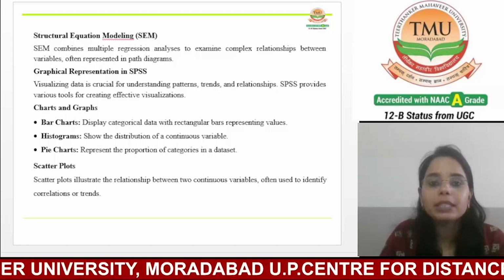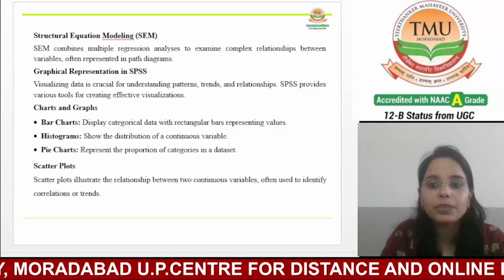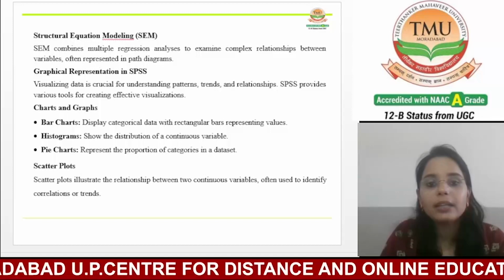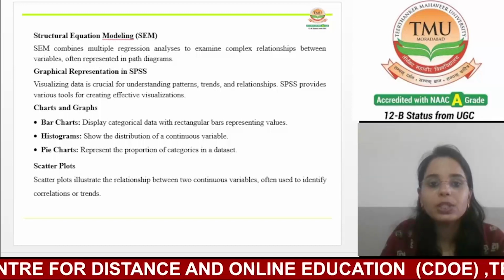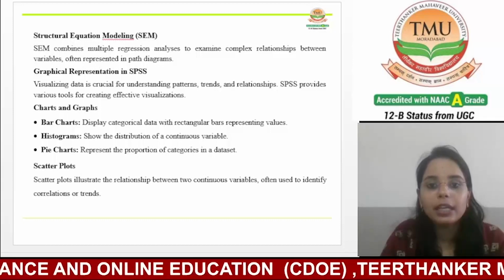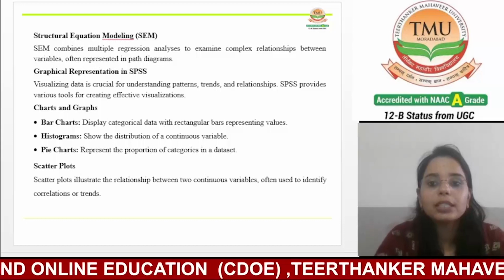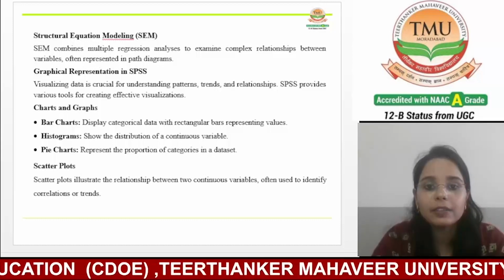In SPSS, bar charts can be easily created using the chart builder function. Researchers can customize the appearance of the bar chart by selecting different chart types like simple, clustered, and other types, choosing color schemes, and adding labels or titles to enhance clarity.